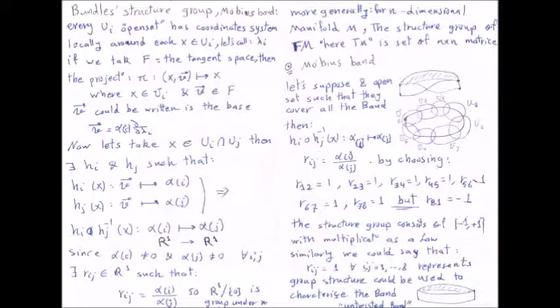Since they are non-zero, we can take the ratio between them. Let's call it REG, which is alpha E over alpha G.